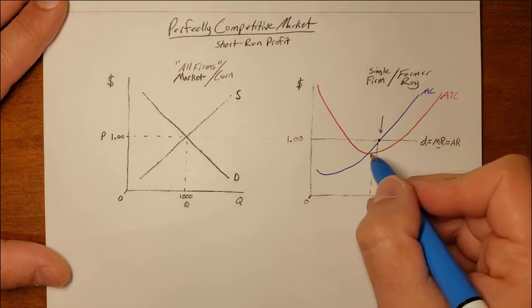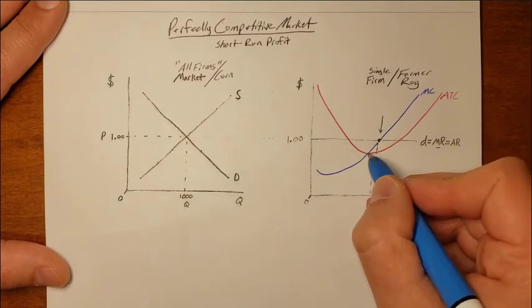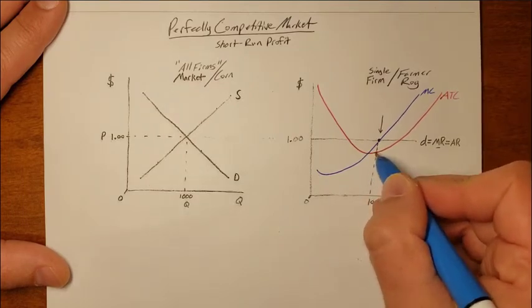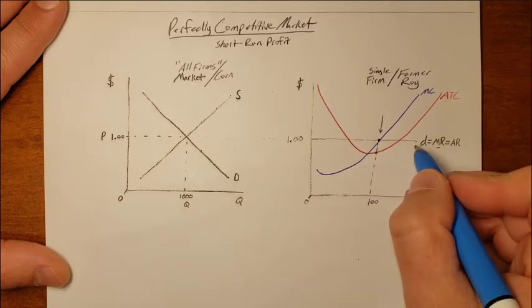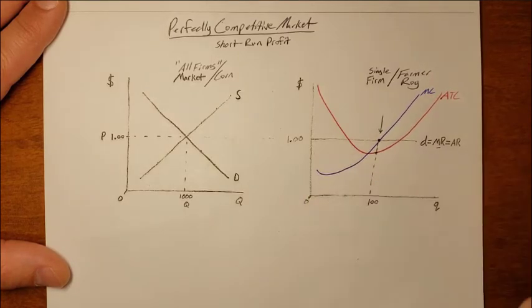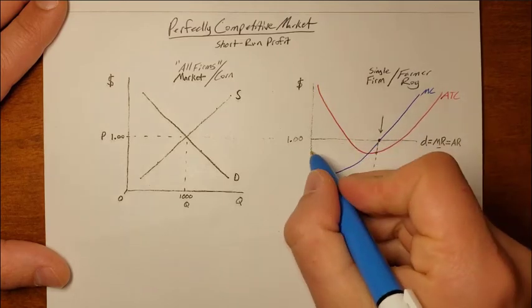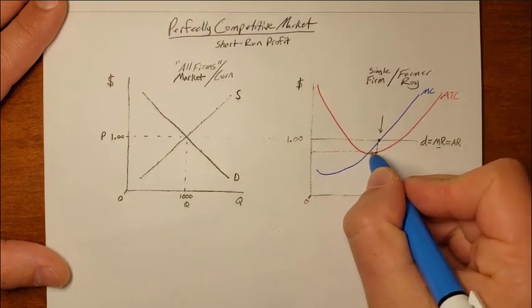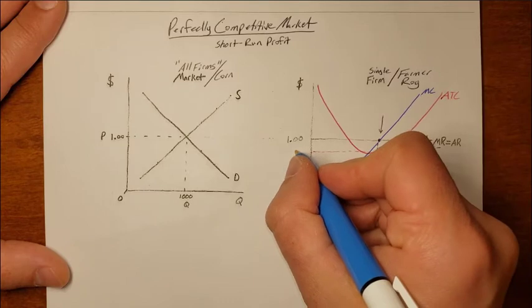And the cost at this particular quantity of output, the average total cost, is only at, let's just say, 90 cents. Okay, and it's at 90 cents.